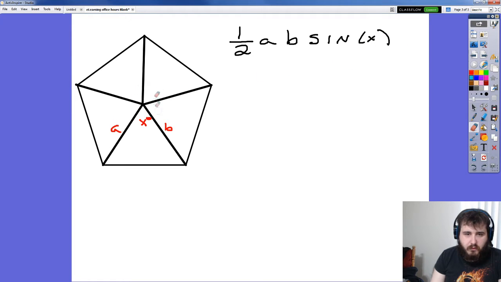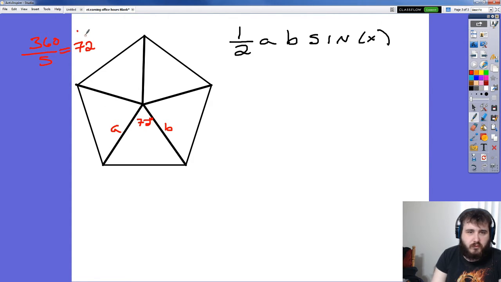Once we know what X is in here, in this case, the whole way around is 360, and there's 5 of them. 360 divided by 5 ends up being 72. So we already have our degree measure.